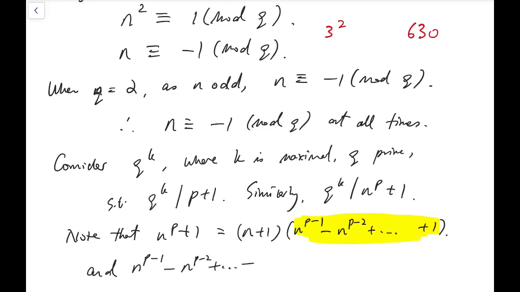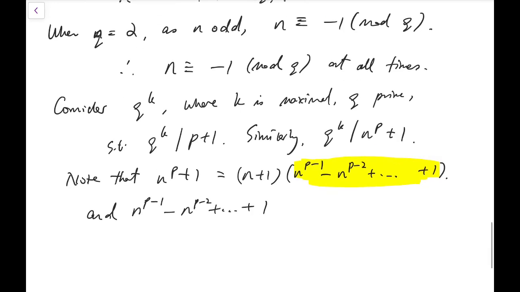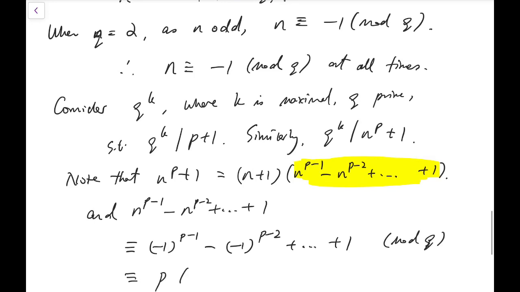Now, this part, we actually don't even have that to be congruent to 0 mod q. It does not contain any prime factor of q at all. So it's congruent to (-1) to the p minus 1, minus (-1) to the p minus 2, and so on, plus 1 mod q, which is actually p mod q, and of course it won't be 0, right?